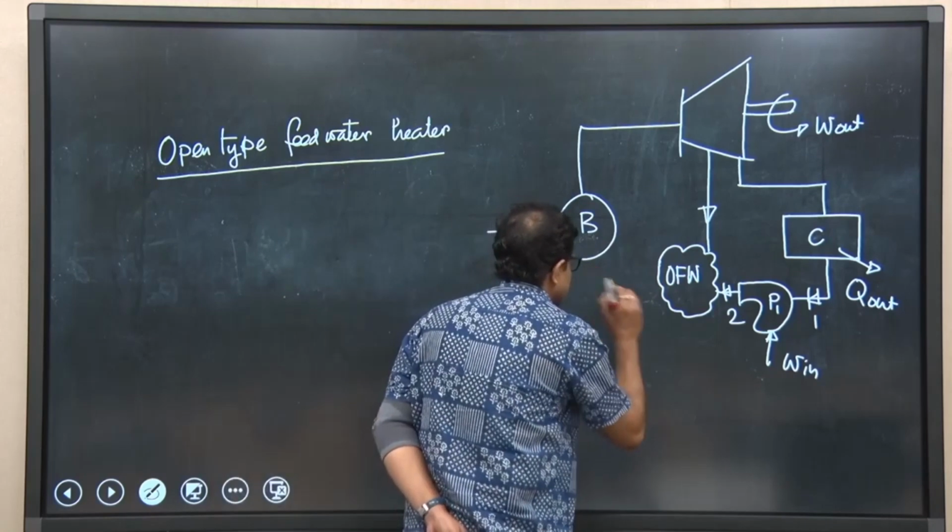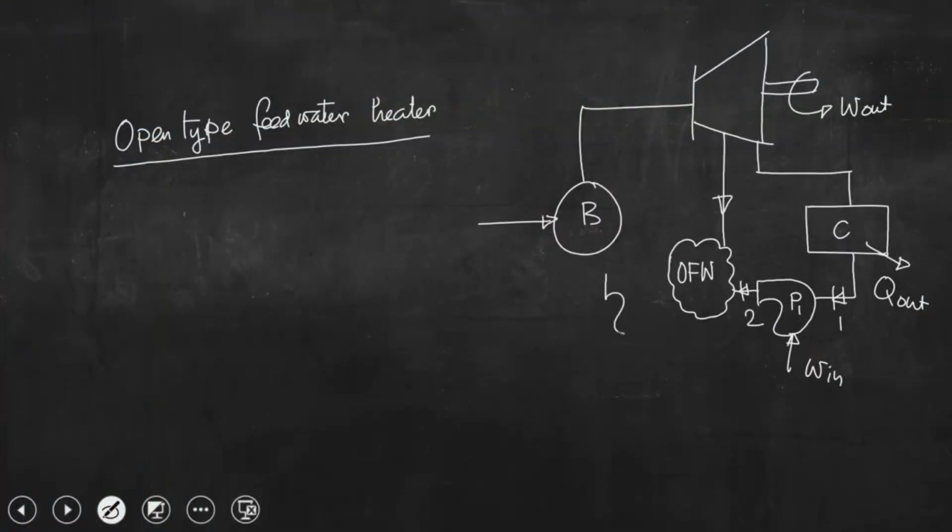So, this is another pump, P2, this is W1 in, W2 in. So, this is say 3, this is 4, this is 5, this is 6, this is 7.